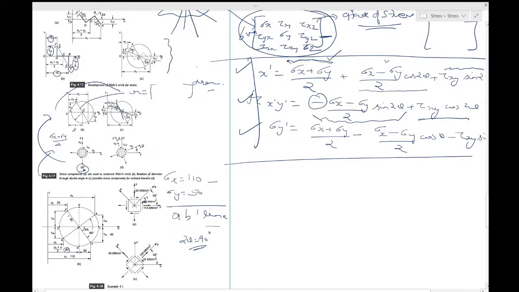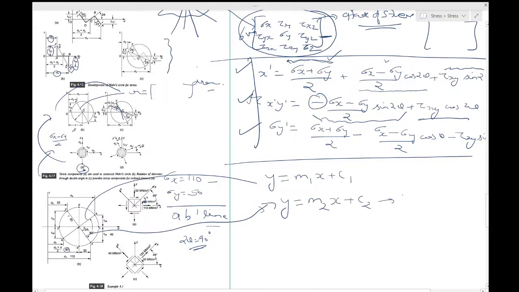How do you find the AB line? Assume the equation of this line is y equal to m1x plus c1. This particular line, which is xy, can be y is equal to m2x plus c2. This is known, you already know what this equation is exactly.